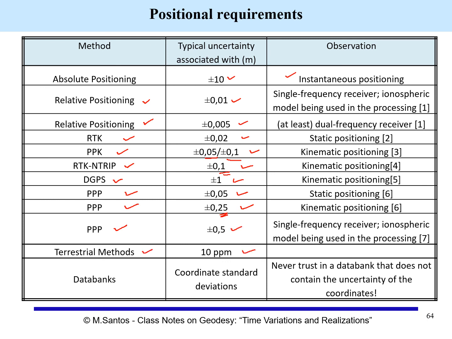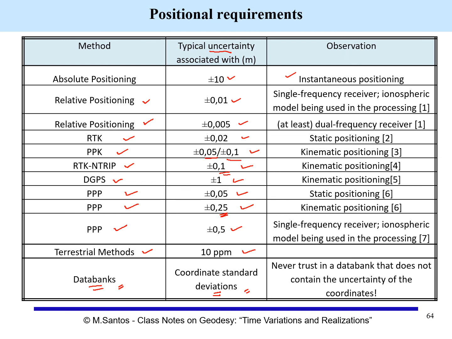Terrestrial methods, we have here the traverses, and one extra thing here, the data banks. I put data banks here just to highlight the importance. We are talking here about uncertainty associated with these techniques, and with the data banks, we usually are going to have just the coordinates, a list of coordinates. The only way we are going to know about the quality of the coordinates in a data bank is if they have standard deviations associated with them.